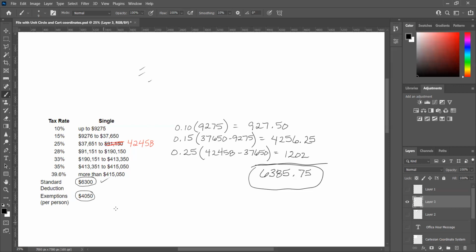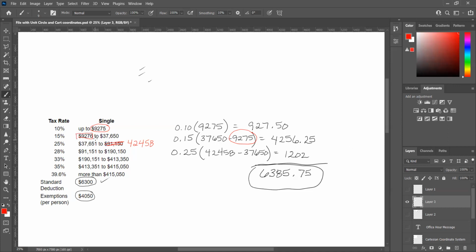Notice that when I did these differences, I used for this first one 9,275, which is the maximum of the previous section. It is not the smaller number in that tax bracket.